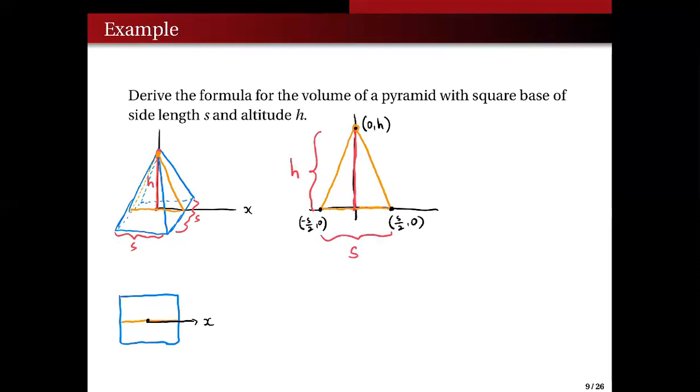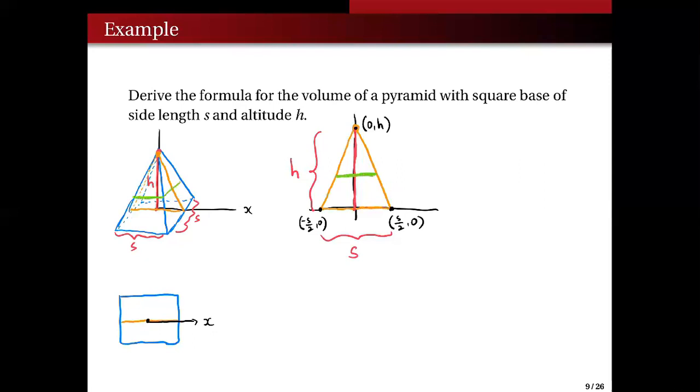Now, looking at this portion and the cross section, take note that at different heights of your pyramid, the length of the square will be different also. So what I'm saying is, at this height here, it will be somewhere in here.